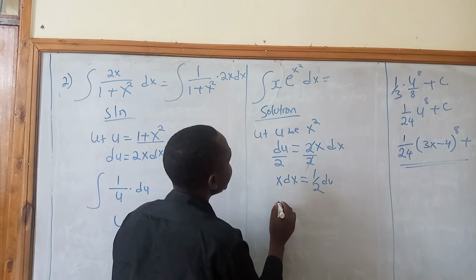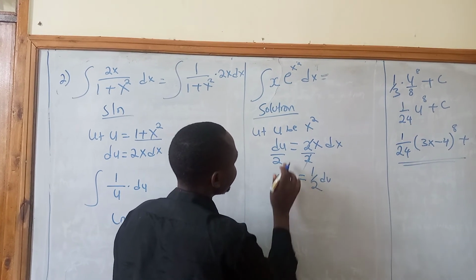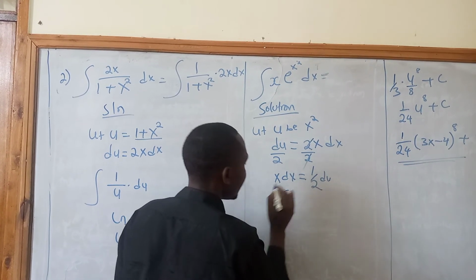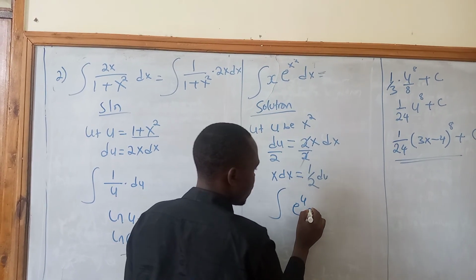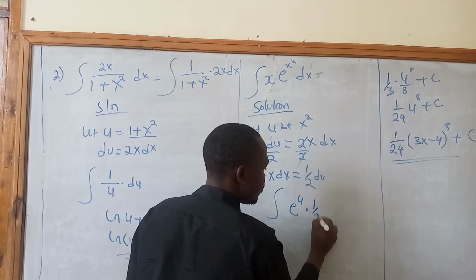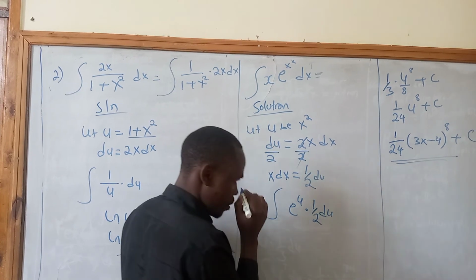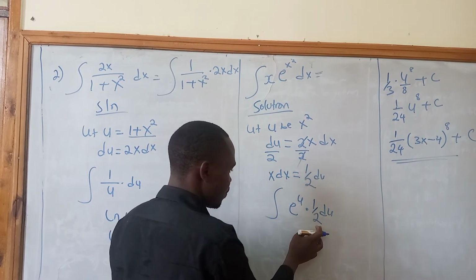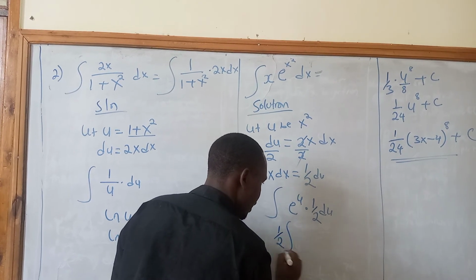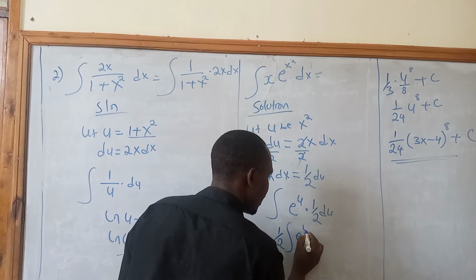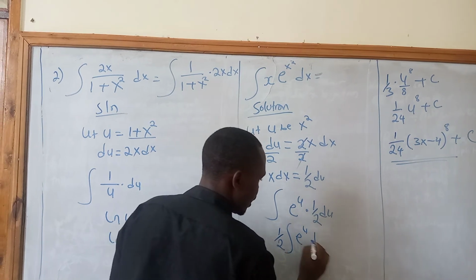Then it will be the integral of exponential of u multiplied by a half du. Because this is a constant, it's the same as a half of the integral of e raised to u du.